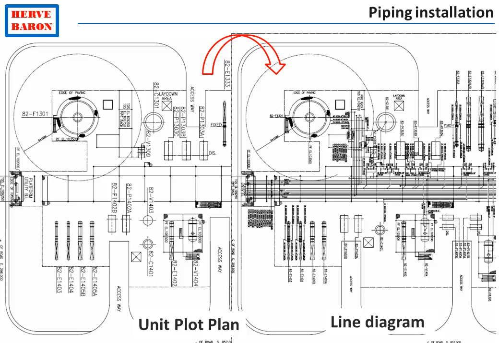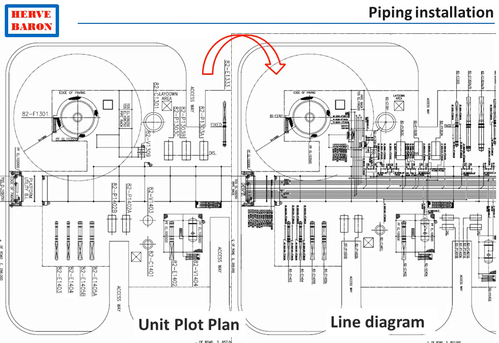Piping routing activities start once the equipment positions have been fixed, i.e., once the unit plot plan has been issued. Piping uses this drawing as a background to draw each and every line as a single line. This is called the line diagram.